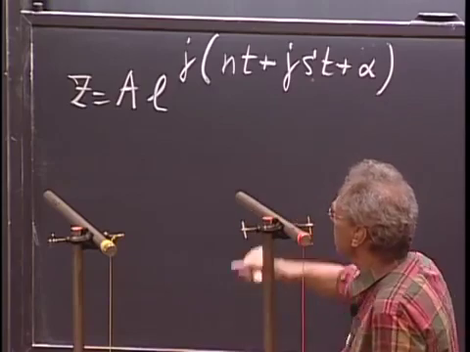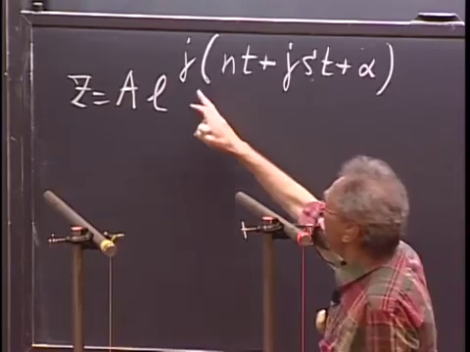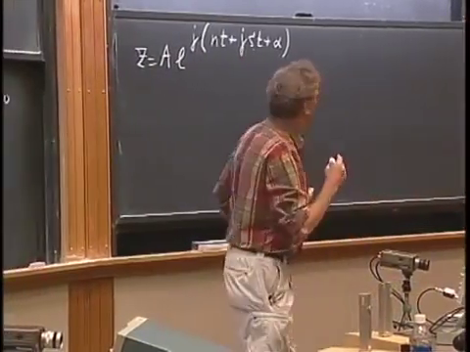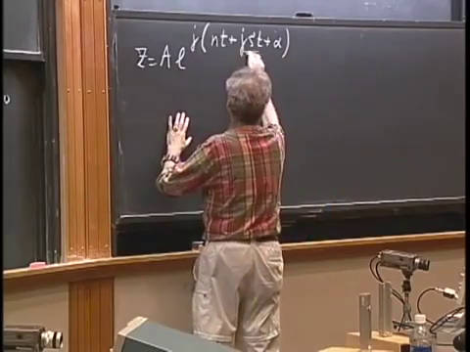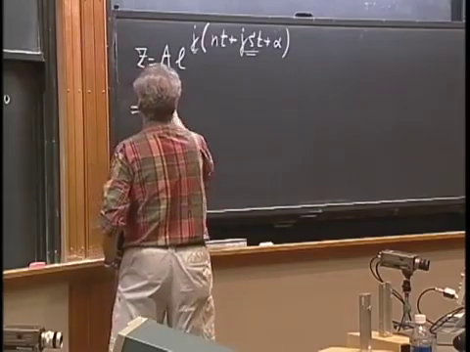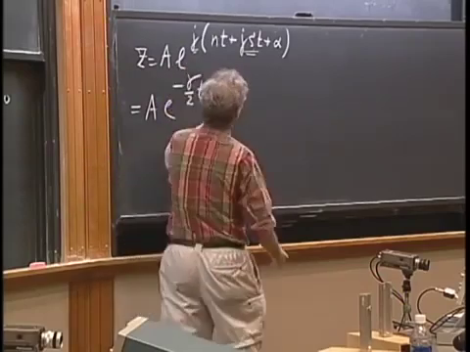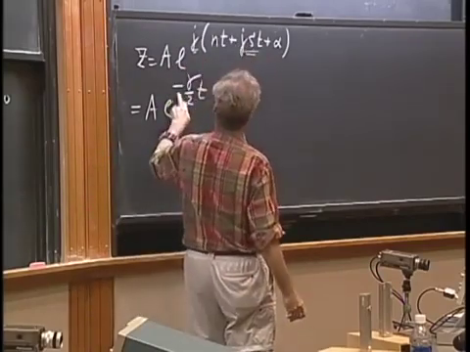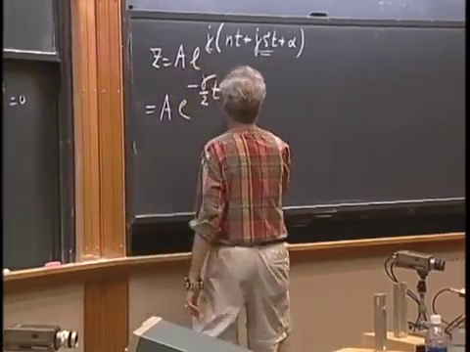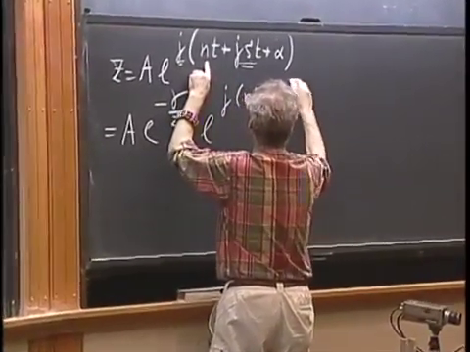But I know that s is gamma over 2, and I know that j squared is minus 1. So therefore, this part here and this part here can be brought out. So we get A times e to the minus gamma over 2 times t. Here you have the t, the j squared makes it the minus, and s is gamma over 2. And then I get e to the power j times nt plus alpha.